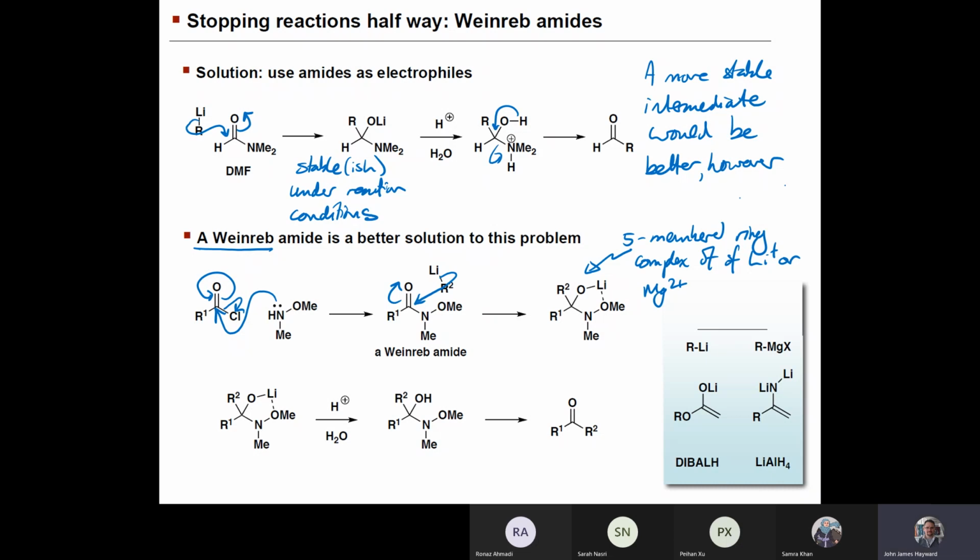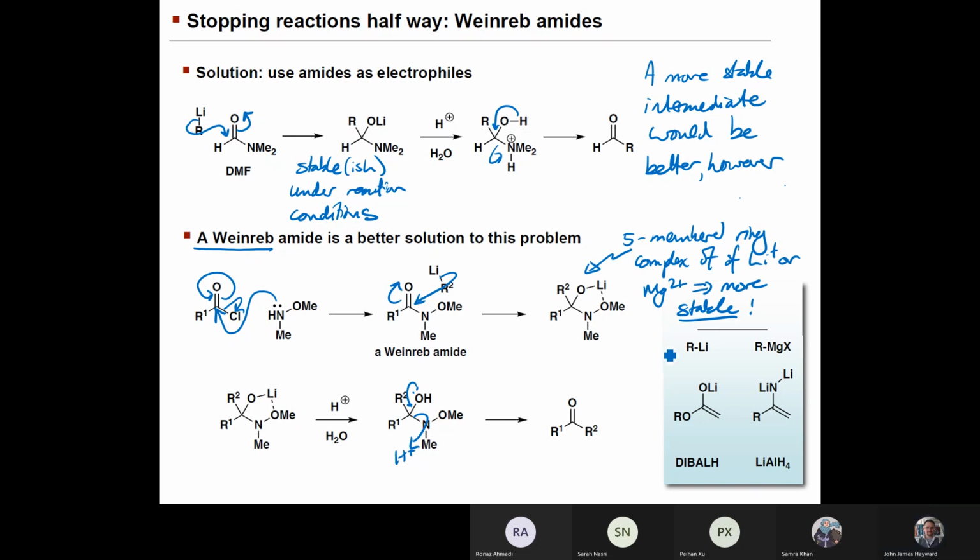This is a lot more stable. And the key thing here is that it is just a lot more reliable than using just a standard dimethylamide. And reliability, predictability is really what we're going for here. Again, upon treatment with acid, we get protonation and breakdown during workup to give us our desired ketone.